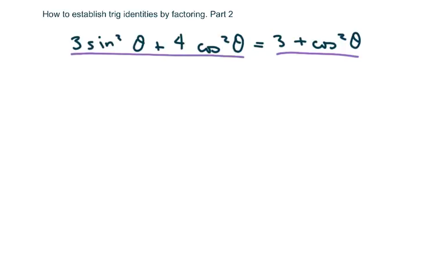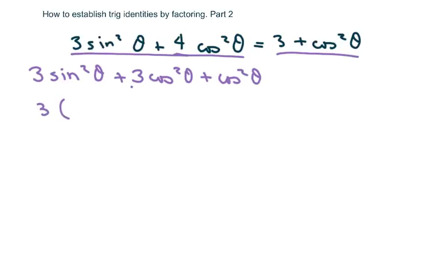There's one way that the students like, that you could just rewrite this as sine squared of theta plus 3 cosine squared of theta, because there's 4 of them, plus cosine squared of theta, and then factor out a 3 for this group right in here, and you get 3 times sine squared of theta plus cosine squared of theta, plus cosine squared of theta.